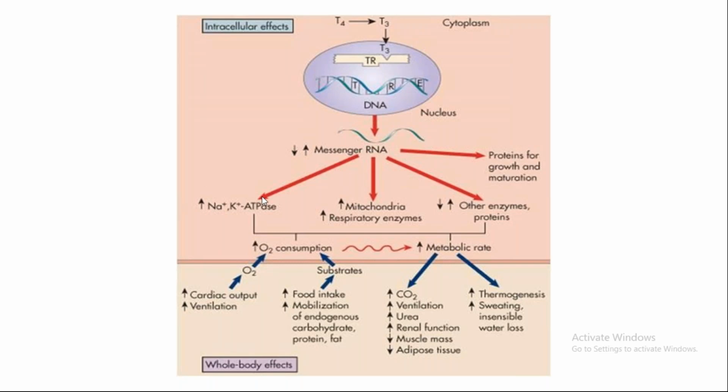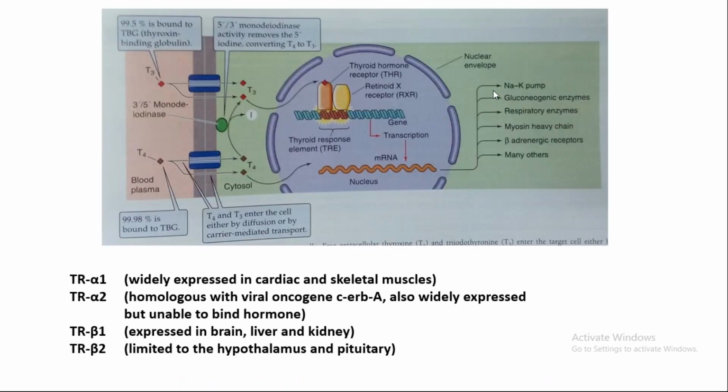So cellular metabolism is activated by an increase in the sodium potassium ATPase. Here in this slide you can see the sodium potassium pump, a protein structure established in the cell membrane. This is the thyroid hormone which targets the gene, ultimately leading to synthesis of the sodium potassium pump, which is then recruited into the cell membrane.